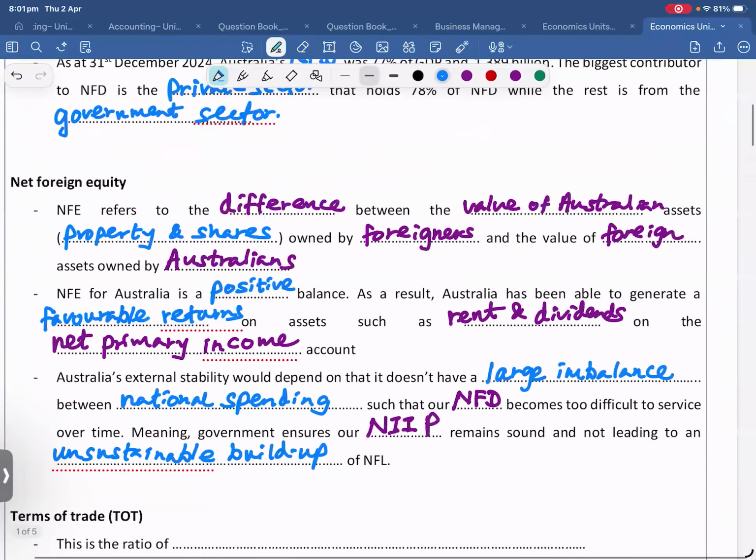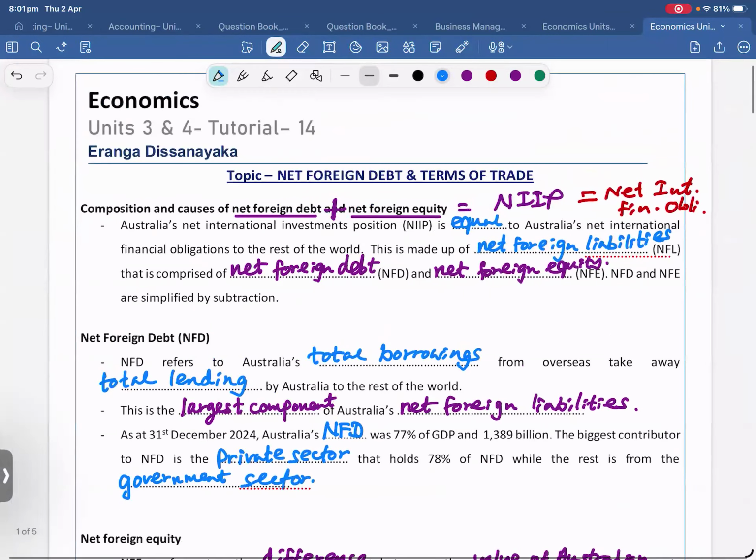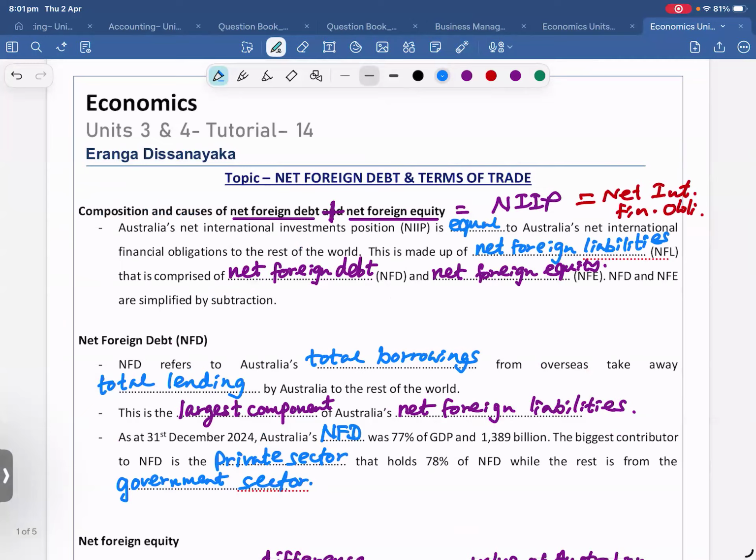So then, we talk about the net foreign debt and net foreign equity. We added them together. What do you call it, guys? NIIP or net international investment position. Also, it is equal to the net international financial obligation. So NIIP and the net international financial obligations are the same thing.